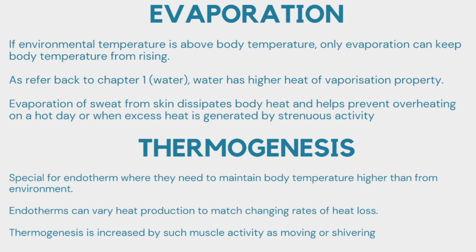It is increased by muscle activity such as moving or shivering. For example, in mammals, endocrine signals released in response to cold cause mitochondria to increase their metabolic activity. So when we respond to cold, the mitochondria increase their metabolic activity to produce more heat. It is not to produce ATP, but to produce heat. So this is what we call thermogenesis.